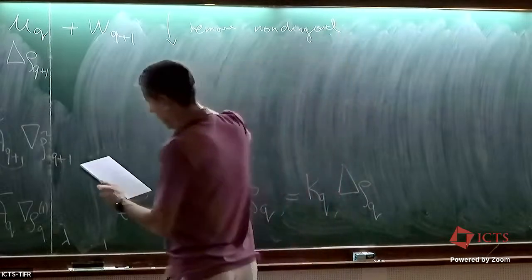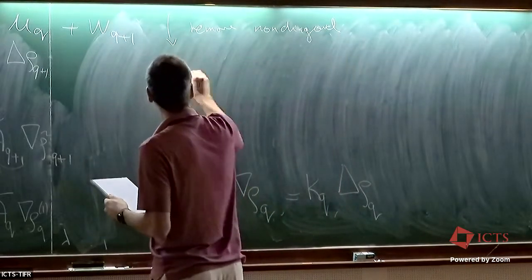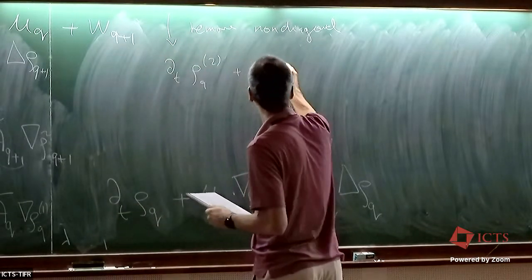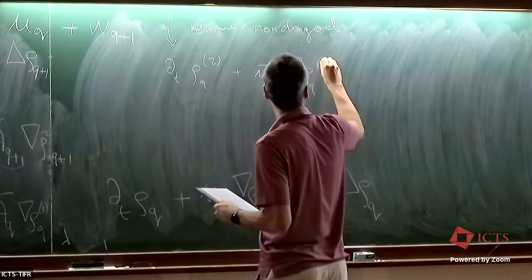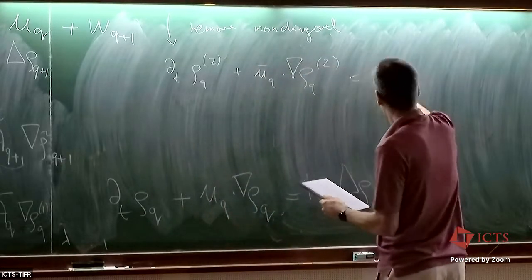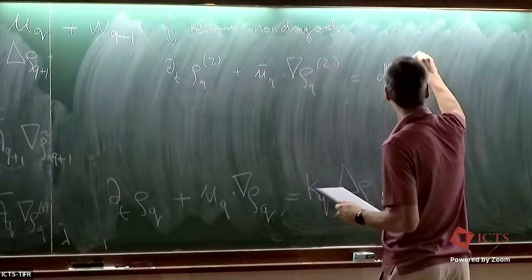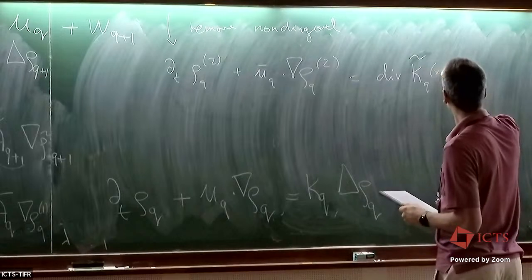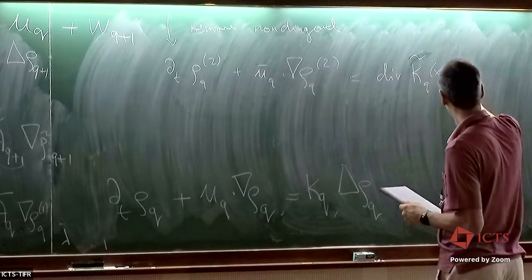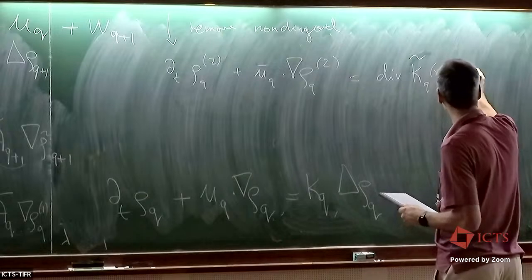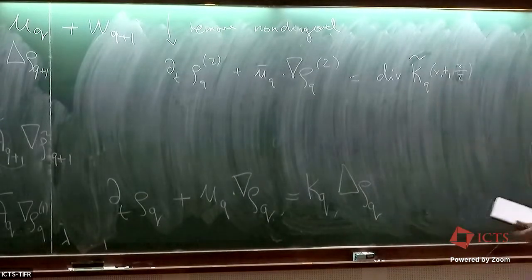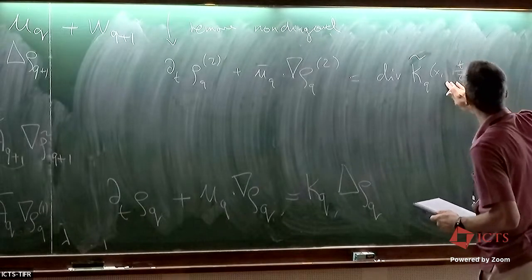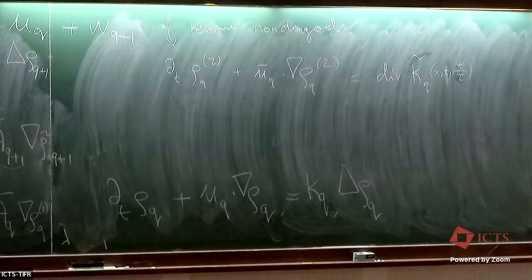And this will end up in an equation where it looks like this. Divergence of kappa q tilde, which depends still on x, t, and x divided by tau, or sometimes k tau, sorry, t. Yes, x, t, and t divided by tau.